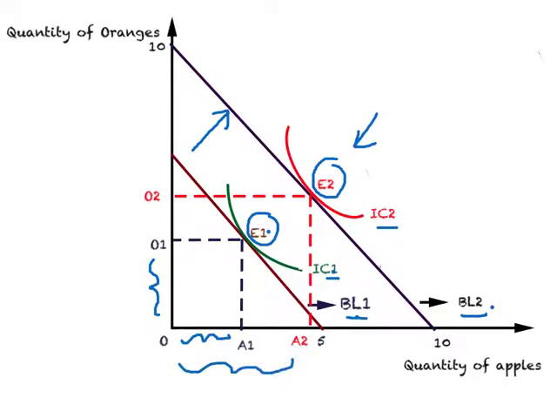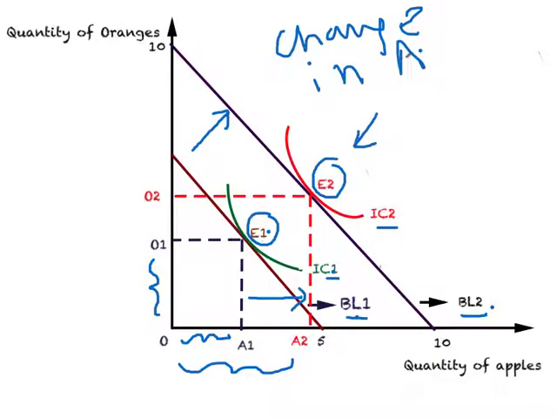Now it is OA2, or in other words, it has increased by how much? A1 by A2. So let us write this down. Change in consumption of apples, I'll just write A, and this is given to us as A1, A2.